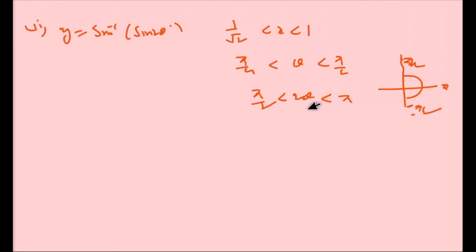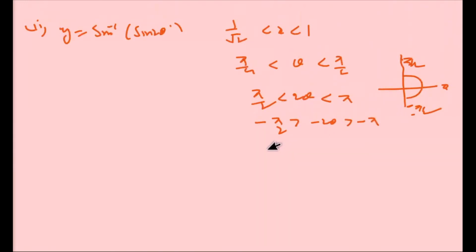Okay, so first 2 theta is adjusting here, but then we have to take the range here, minus pi by 2 to pi by 2. Subtracting here we can get multiplied by minus, then this will be changed minus pi to theta and minus pi.